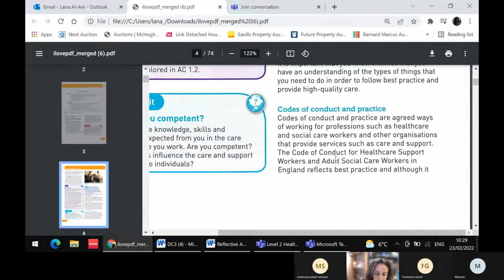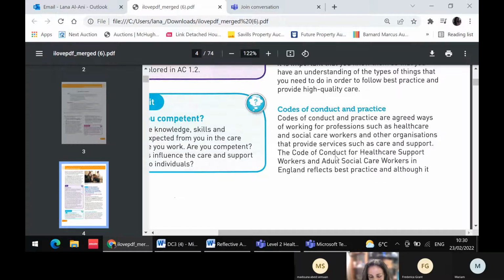So what's the code of conduct? Code of conduct and practice are agreed ways of working for professionals such as healthcare and social care workers, and other organizations that provide services such as care and support.